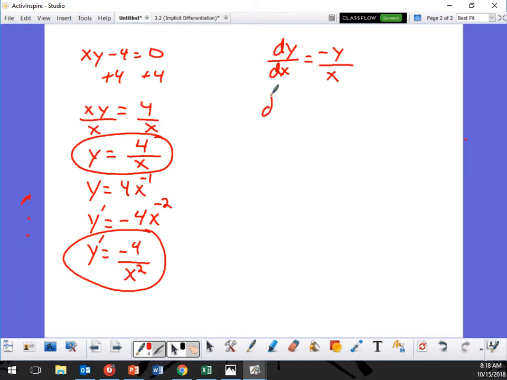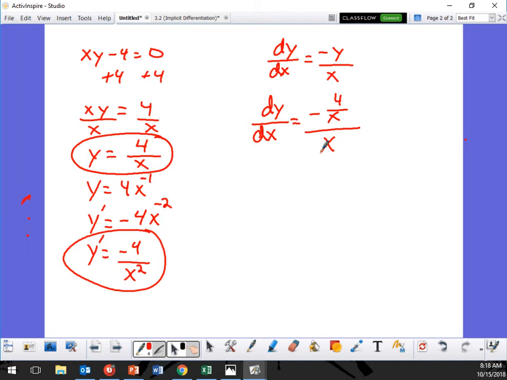So it's going to be dy/dx is equal to negative, right? And so it's supposed to be the y value, which is going to be 4 over x, divided by x, right? Yes? Did I lose anyone on this? Okay, because I just replaced that.